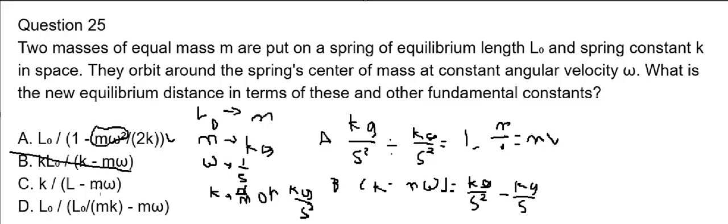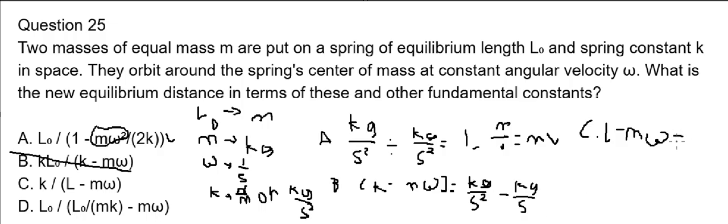Now let's move on to C. So in that denominator, we have L minus m omega. And if you remember back from B, that m omega term has units of kilograms per second.